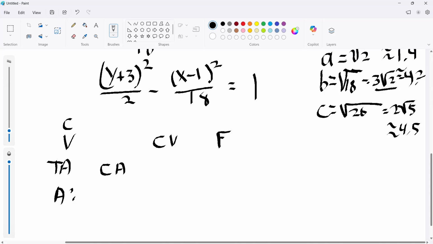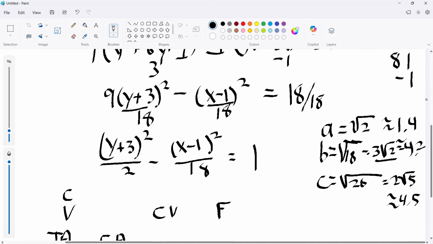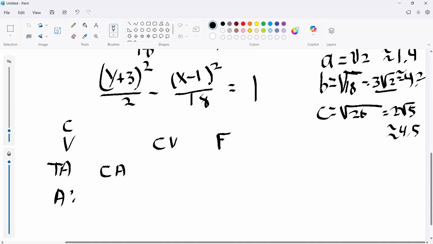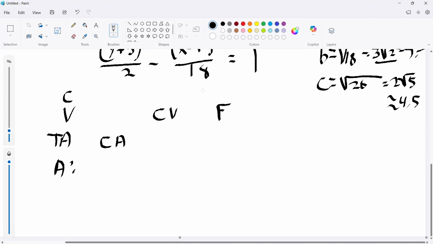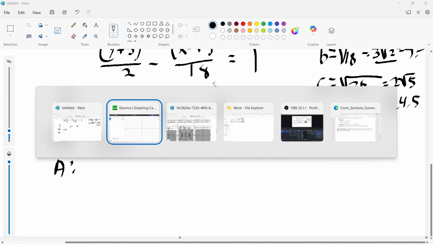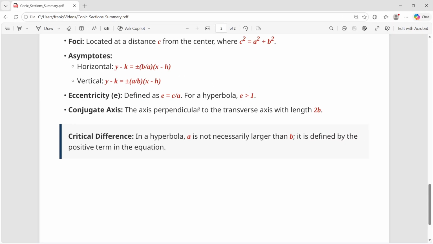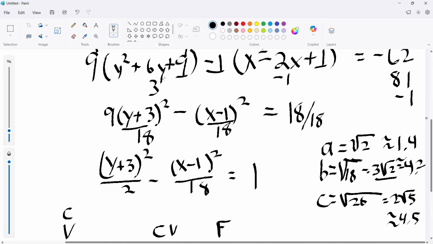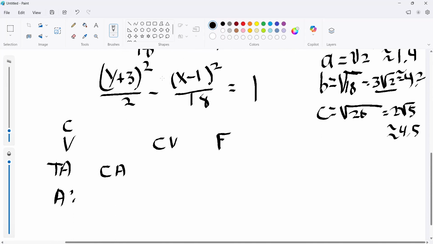And because this is a vertical, the asymptote is going to be y minus k equals a over b times x minus h. And I've got a handy sheet for that. See, vertical, y minus k equals plus or minus a over b times x minus h. A squared is always under the positive term.